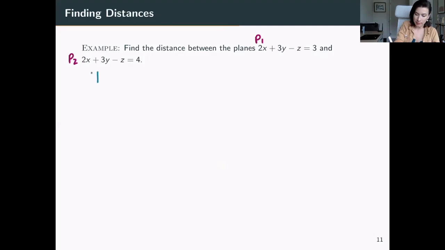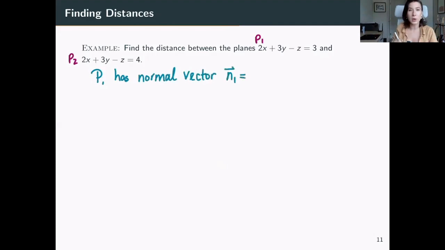We would have that P1 has a normal vector, we'll call it n1. And using what we know about the coefficients in equations of planes, n1 is going to be 2, 3, -1.